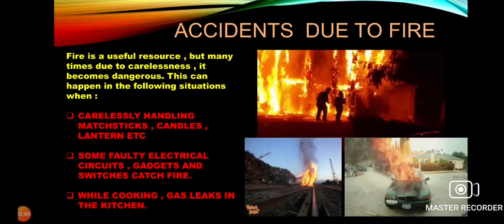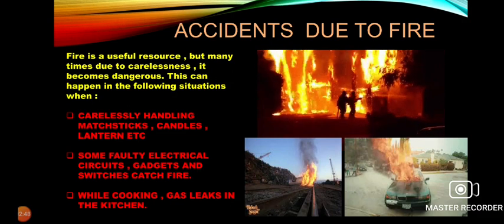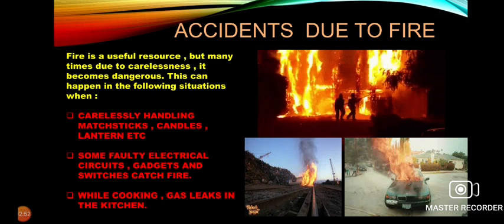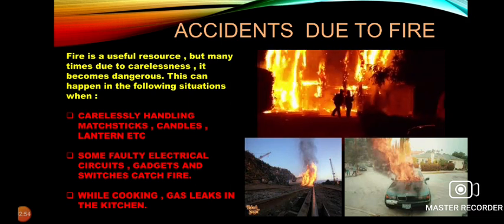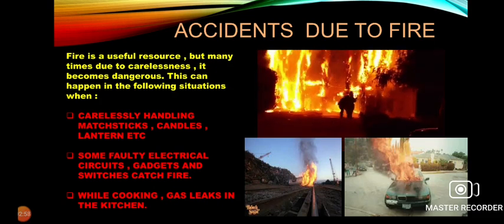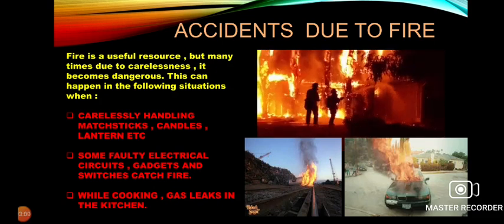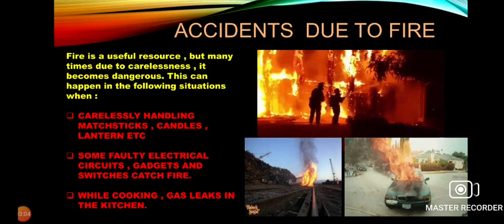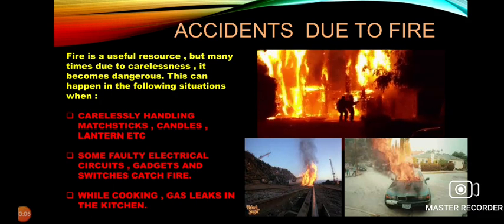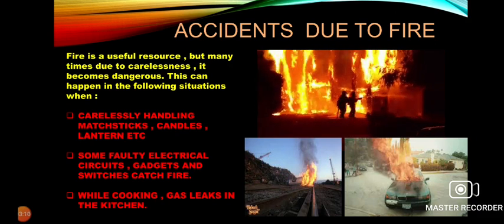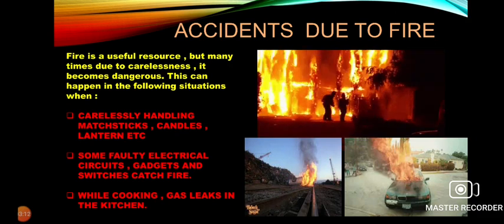If we carelessly handle a matchstick, lantern or candle, these things, which are required to give light and make our life easier, can sometimes, due to faulty handling, cause a major accident.